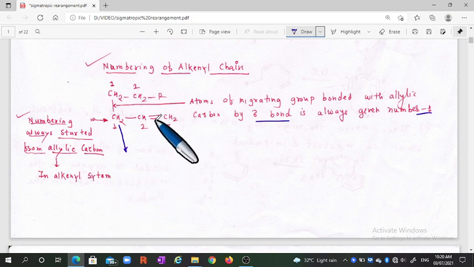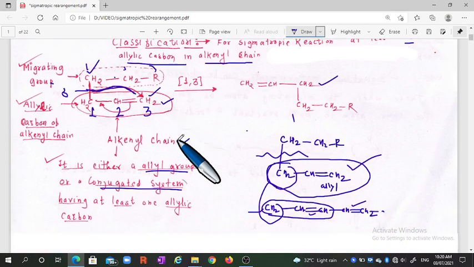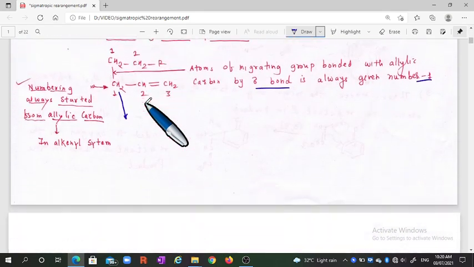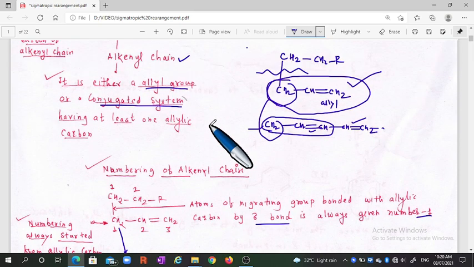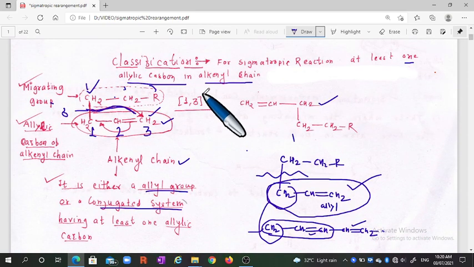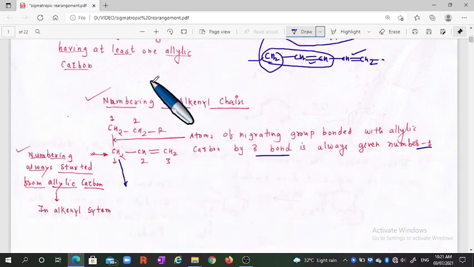In the migrating group, from where the bond is breaking, you have to give the first number, 1, and the allylic chain gets 2 onwards. The important thing we have learned here is that the numbering always starts from the allylic carbon in the alkenyl system. Therefore we have given that reaction the name 1,3 reaction. Actually 1,3 tells from where your bond breaks and to which position the sigma bond is migrated. At the first position the sigma bond is present, and at the third position the sigma bond gets migrated.